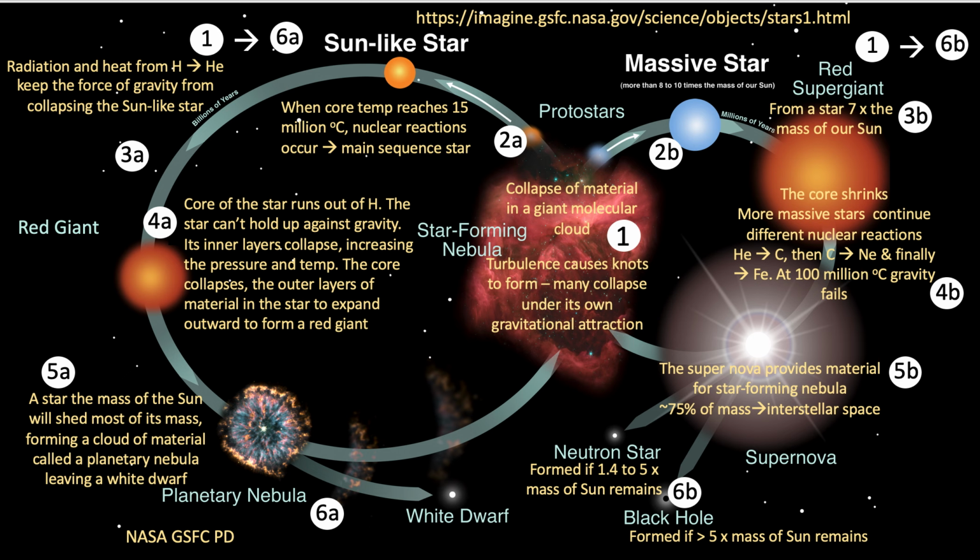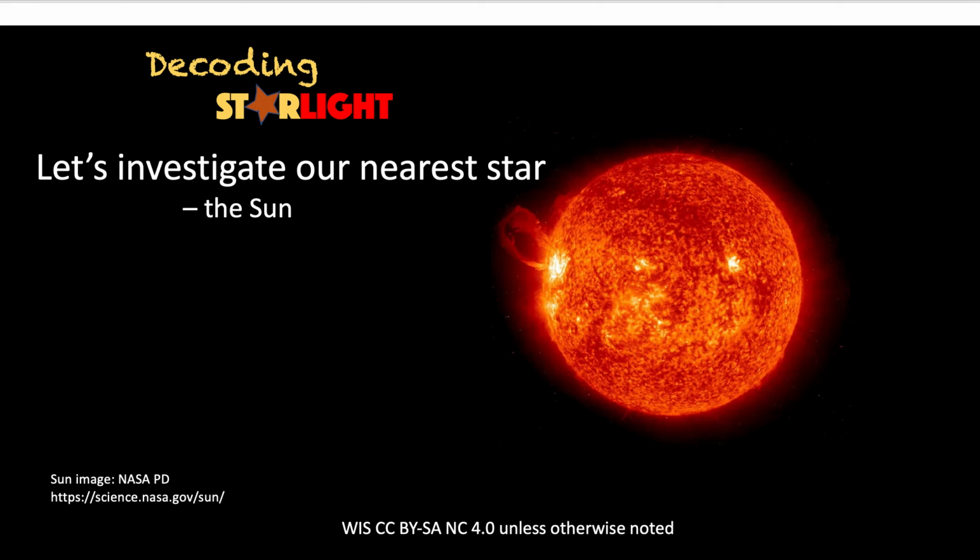If you go to the right, more massive stars, up to 7 times the mass of our sun, or larger, and what happens to those going through the B directions, eventually getting a supernova, and a lot of that material goes back into interstellar space to produce more stars.